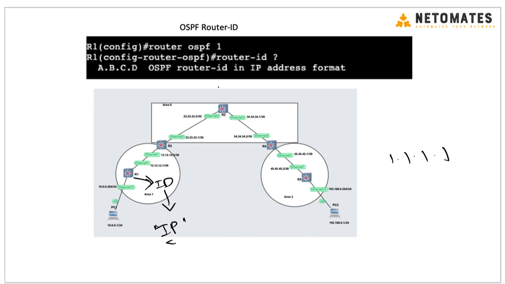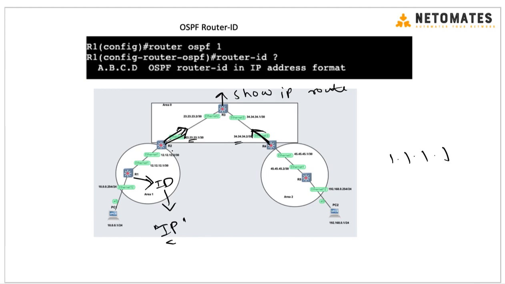Why we need to configure this router ID is, for example, in this network, if you do show ip route after we configure OSPF, you will see that some routes are learned from R2, some routes are learned from R4. I'm able to say this because I'm looking at the topology, and from there I can see R2 will advertise it to R3 and R4 will advertise it to R3. When you look at the command line, you will see these IPs normally.